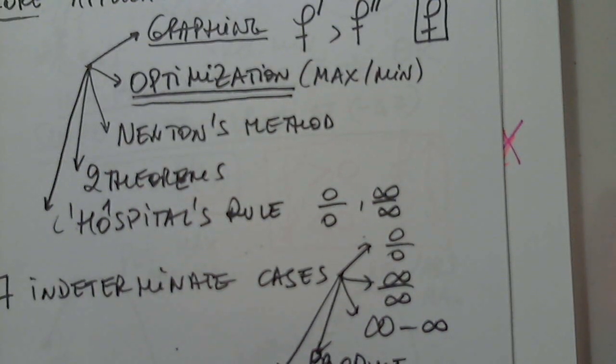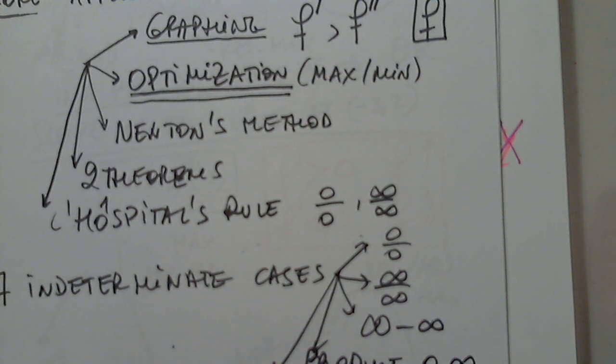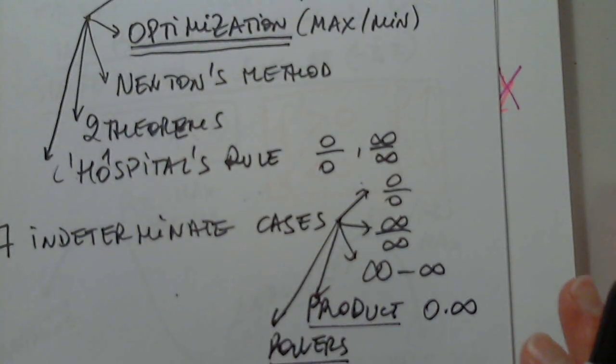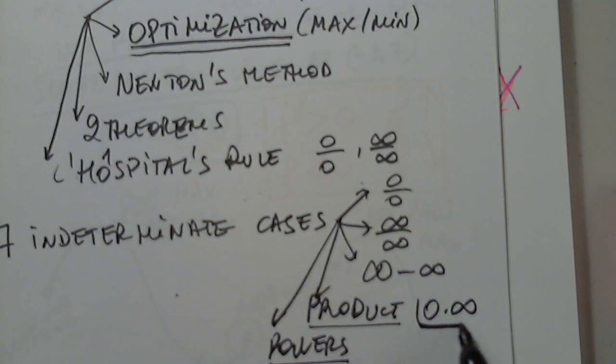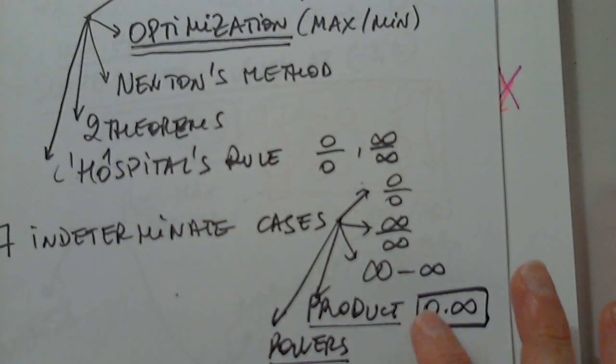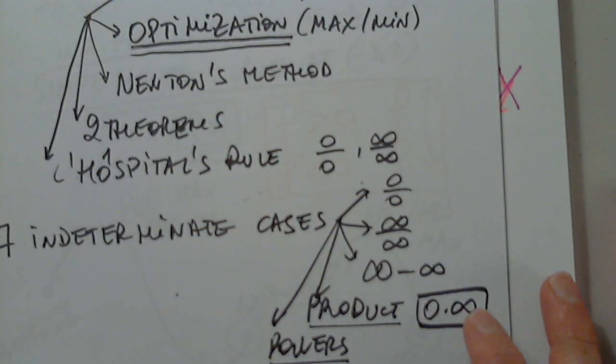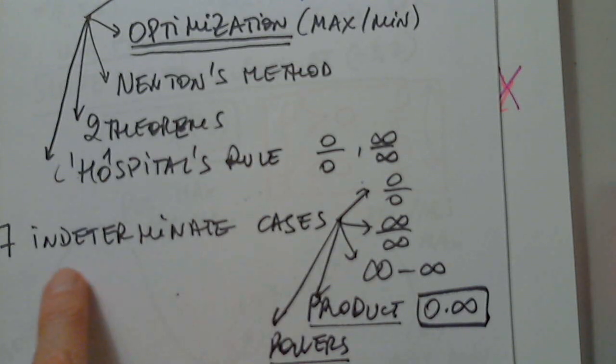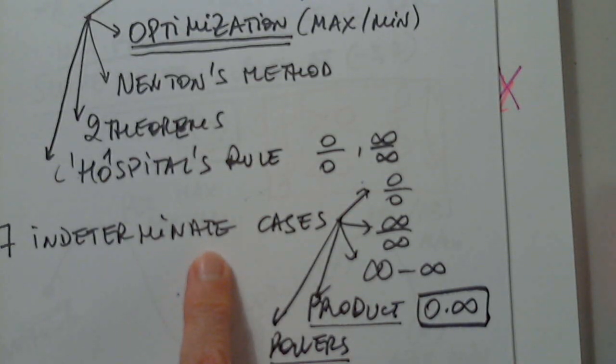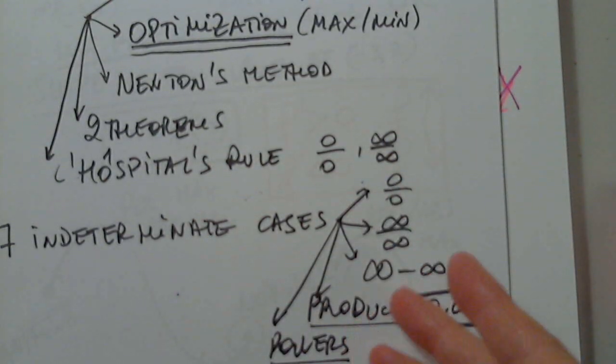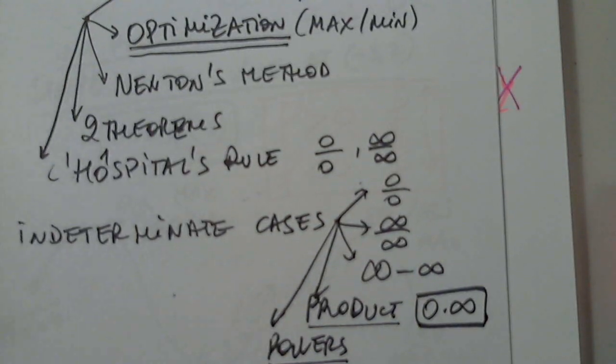That product is 0 times infinity. Even if you're appalled and say, no, no, no, 0 times infinity is 0. No, it's not. This is 0 and this is a symbol. So 0 times infinity may be 0, but it may not. So it's an indeterminate case. Indeterminate case means no clue. Anything can happen.